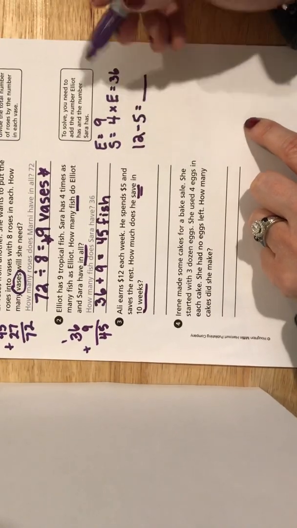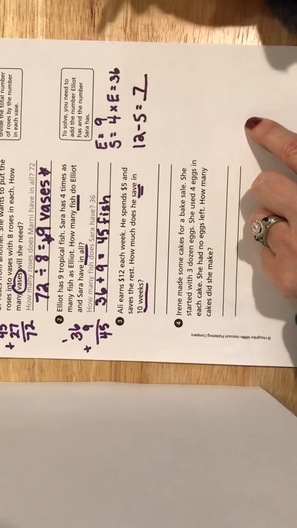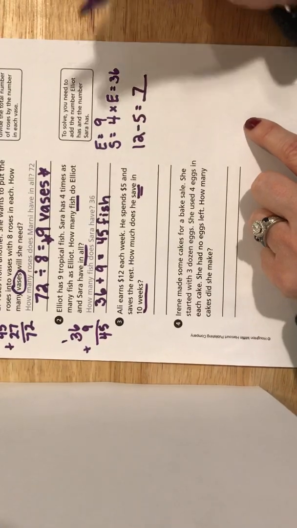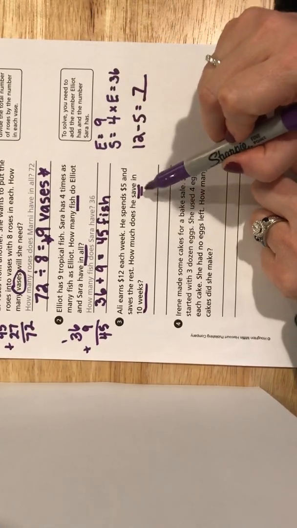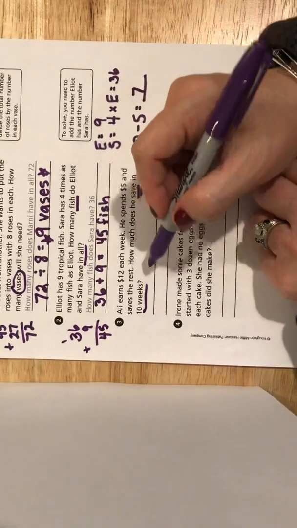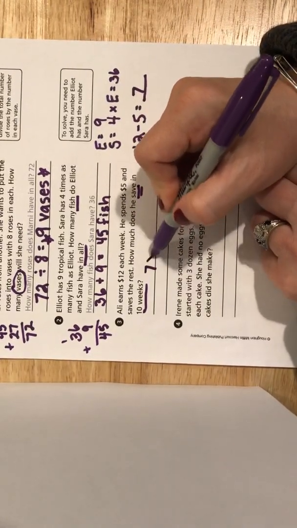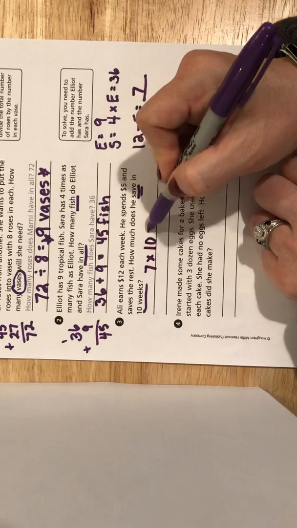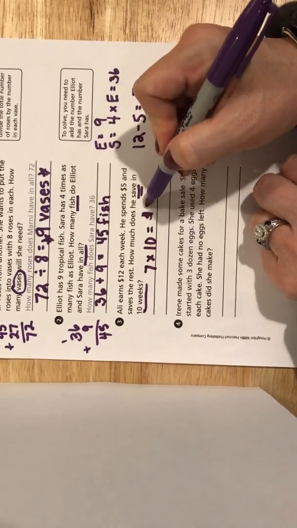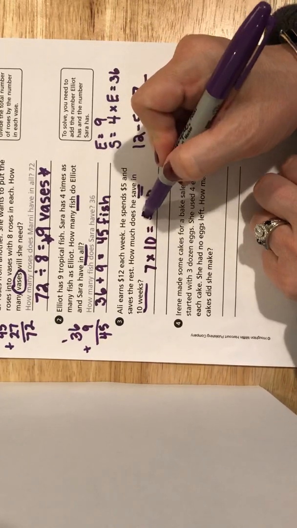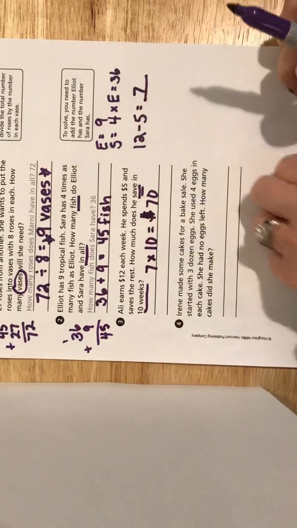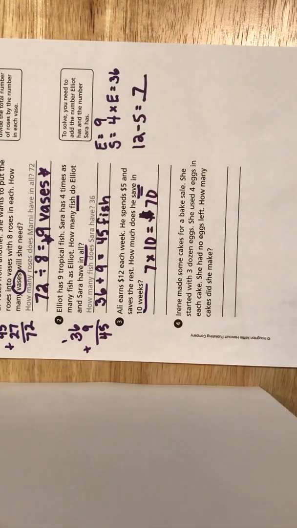So 12 minus 5 is 7. How many dollars would he have after 10 weeks? Well, I would have 7 times 10 equals 70. Oops, my dollar sign's a little mushy there, but that would count as a label. A dollar sign can be a label, so $70.